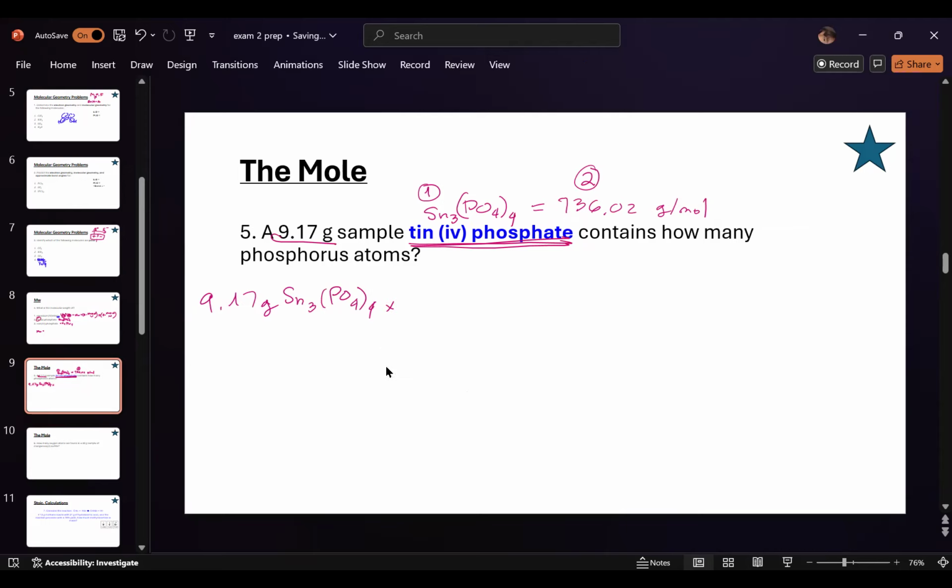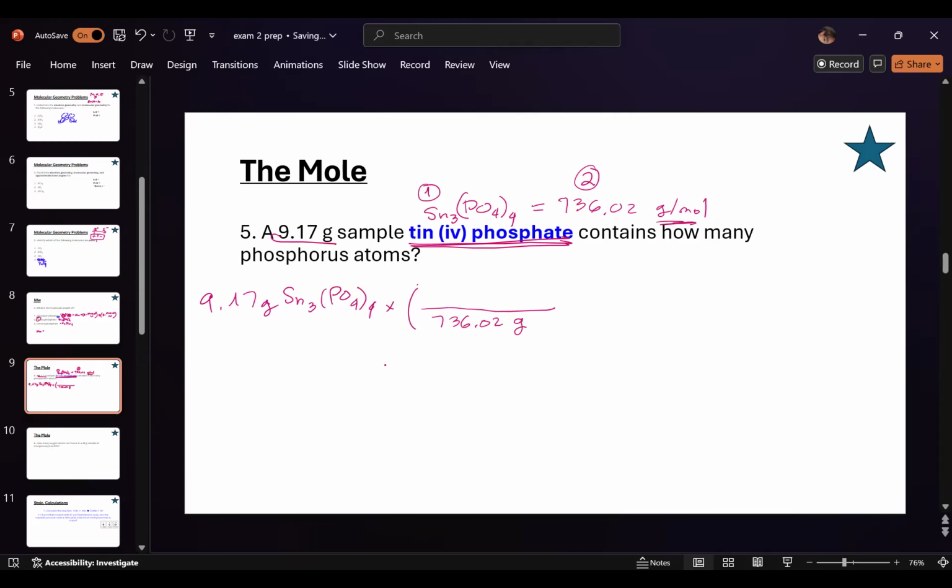Then you're going to convert that to moles using the molecular weight. The molecular weight, 736.02, will go below because this is grams per mole, as you see.